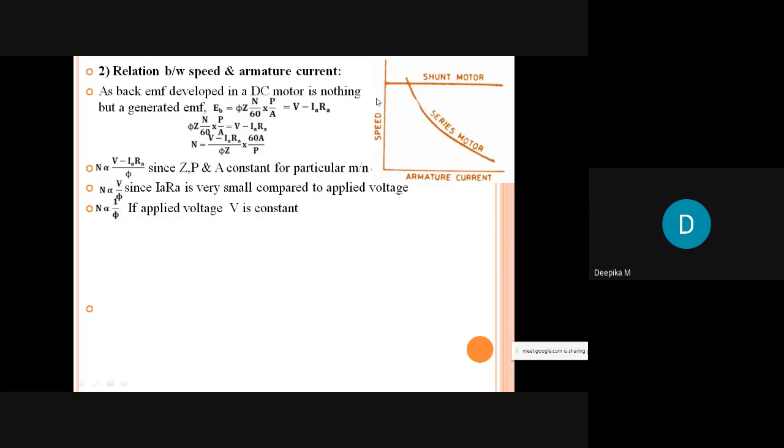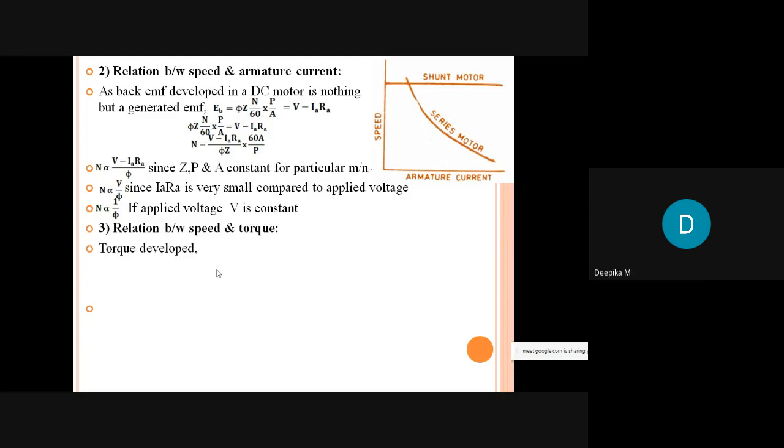Hence, at the starting, the speed will be more, and if you increase the armature current, then the speed is going to reduce. This type of relationship we want for the traction motor. That is why we are going to prefer the DC series motor rather than the shunt motor. So next we have the relationship between speed and torque.